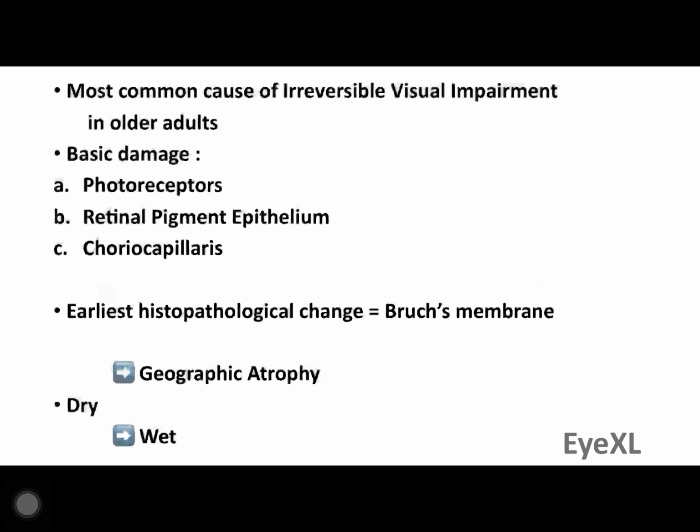So ARMD usually begins as a focal disease, but it becomes very widespread. It involves a lot of area of the retina. Then such a condition will be called a geographic atrophy. Or the second thing that can happen is neovascularization can come in. So a case of dry ARMD can become wet ARMD. It is very rare for the initial presentation to be of wet ARMD. If you catch a patient of ARMD at the beginning, it is most likely to be of the dry variety.